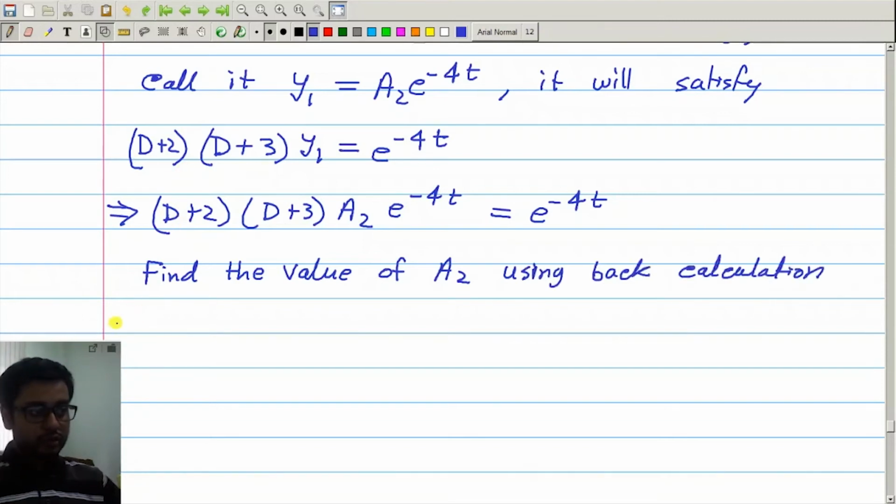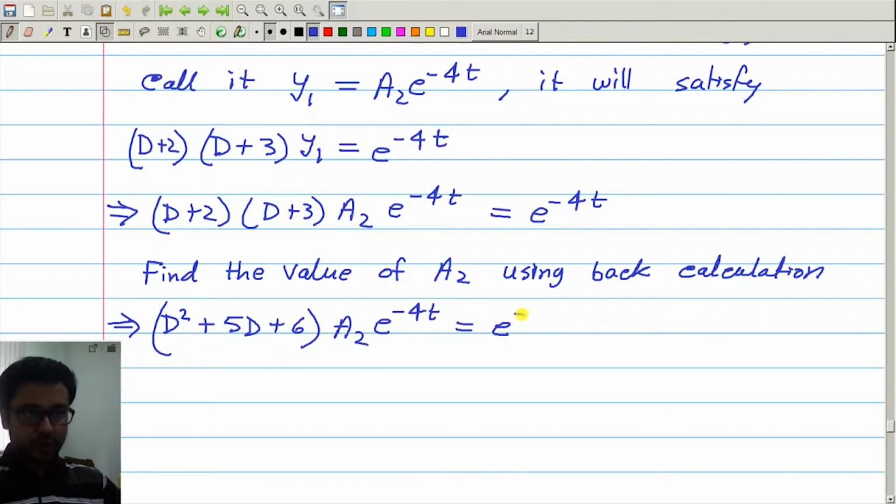Okay, so let me first multiply these two terms, and we will get d square plus 5d plus 6 acting on this is e to the power minus 4t.